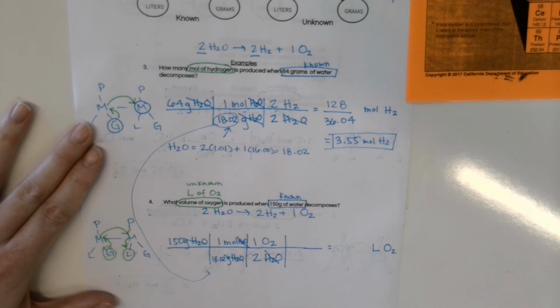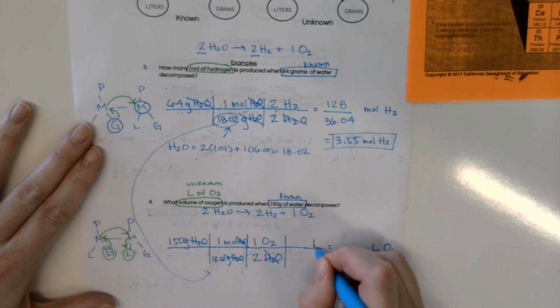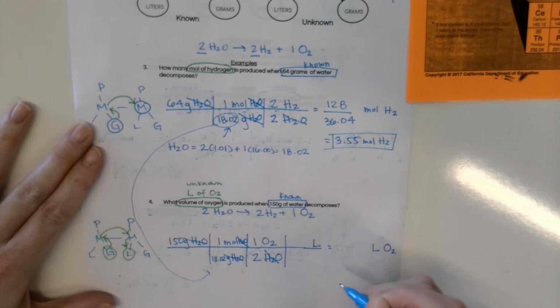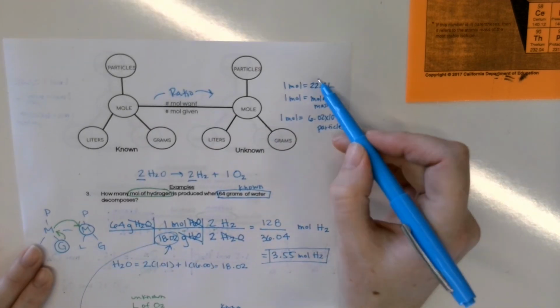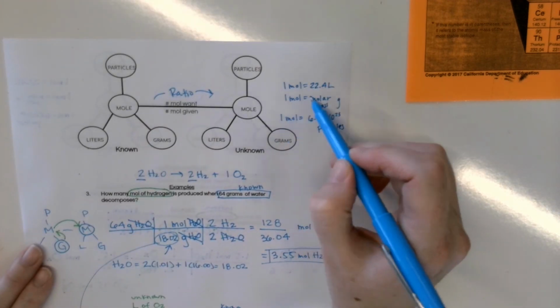All right, the very last step, so we went from grams of water, we found mole of water, or at least plugged it into where that's what we had left. Now we have gone to mole of oxygen. That's the only unit I haven't canceled out yet, but we ultimately want liters of oxygen. So in the end, I need liters here. And I only have one conversion factor that does that.